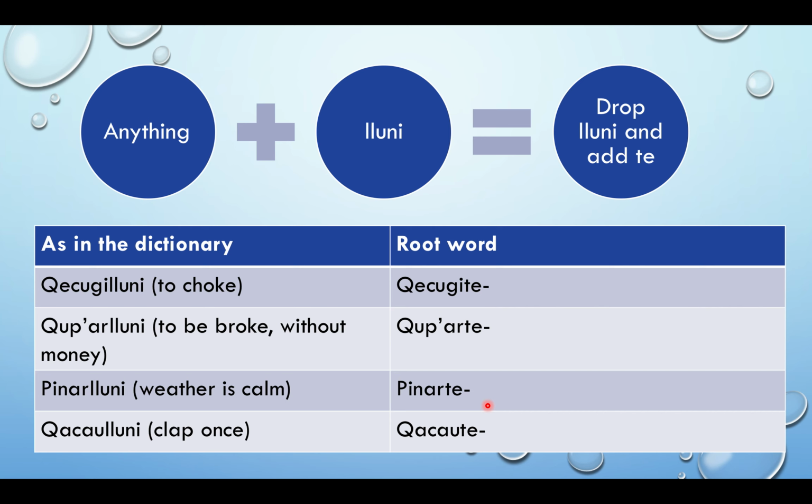Alright, and then we have lluni. I think lluni is the easiest because it doesn't matter what comes before lluni. Every time you're going to drop the lluni and add te. So here we have kuchuhluni, kuchuhit is the root word.